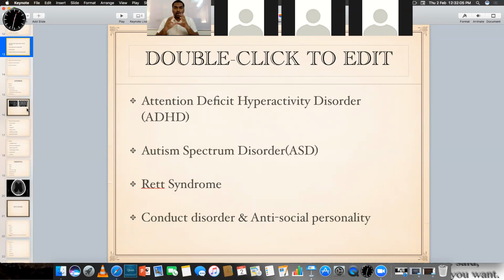So how do we overcome this problem? What is best prescribed is that you feed the child with nutritious food, and then after feeding the child, give the drug. That is one way to overcome this adverse effect. Feed the child, then give the drug. This should be the approach toward people with attention deficit hyperactivity disorder.